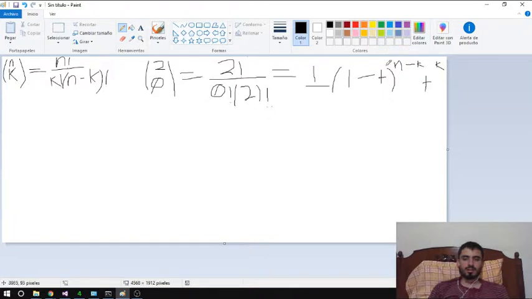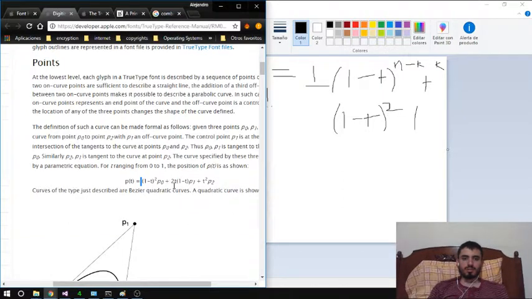In this case n is 2, k is 0, so it's (1 minus t) squared, plus t to 0, that's 1. And look, there you go, we don't have a t here, and that's all.